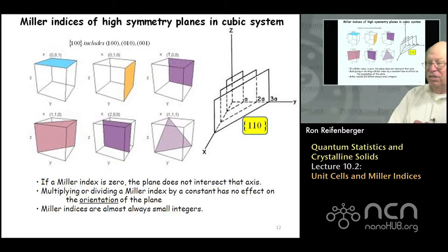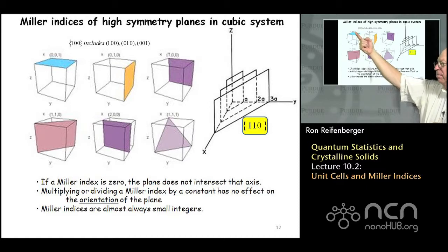In the next slide, I go through some nice pictures I found on the web that indicate different crystallographic planes. I give the Miller indices, and then I shade in the crystallographic plane so you can see how they're oriented. If you have a cubic system, the planes on the surface of the cube are all equivalent, right?